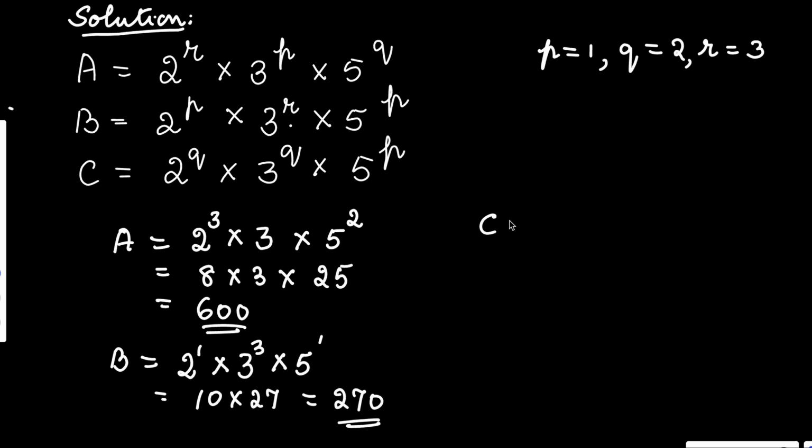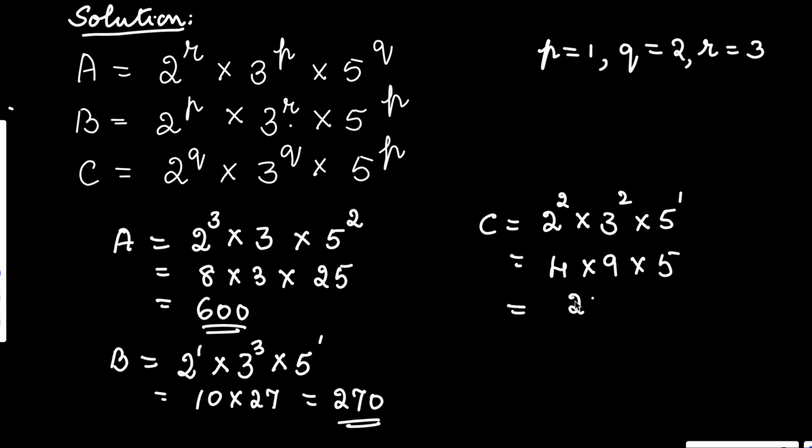And the last one, C, we require to find out 2 to the power of Q, 2 square, into 3 to the power of Q, 3 square, into 5 to the power of P, that is 1. So we will get 4 into 9 into 5, and when we multiply all this, 180.